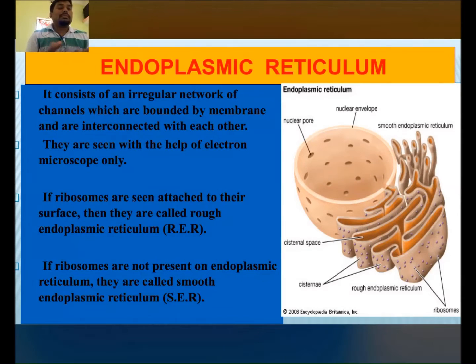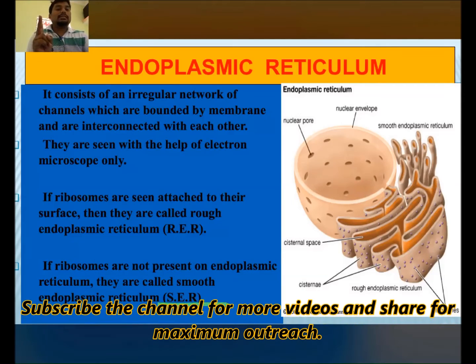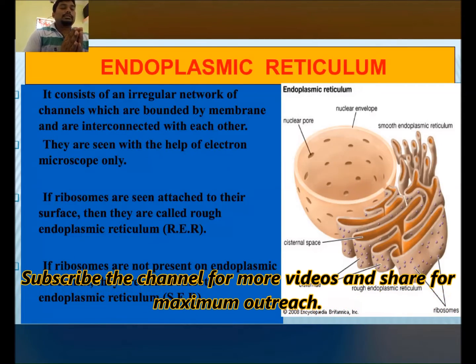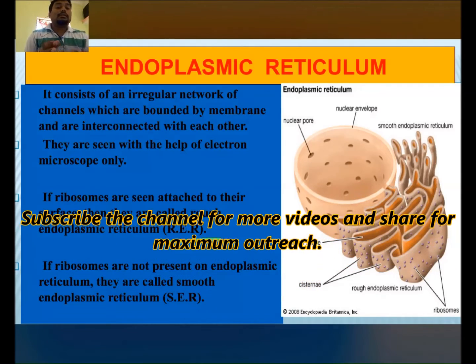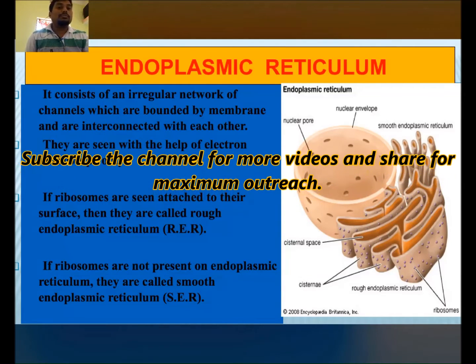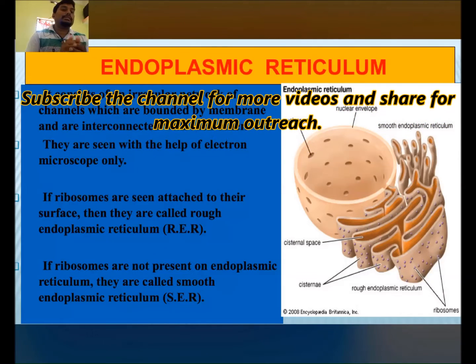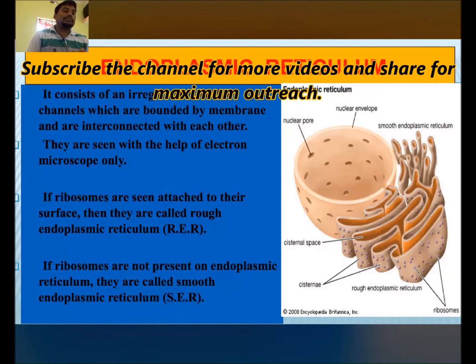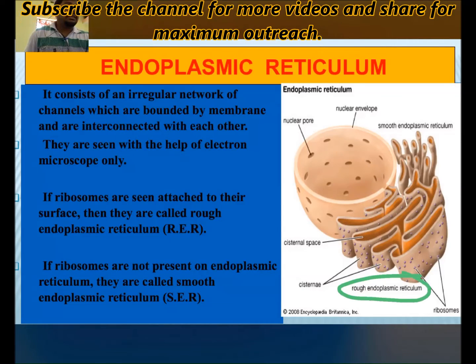There can be two types of endoplasmic reticulum. First one is RER, that stands for rough endoplasmic reticulum. SER, that stands for smooth endoplasmic reticulum. RER is characterized by the presence of ribosomes on their surface. If ribosomes are attached on their surface, then it will be called as rough endoplasmic reticulum.